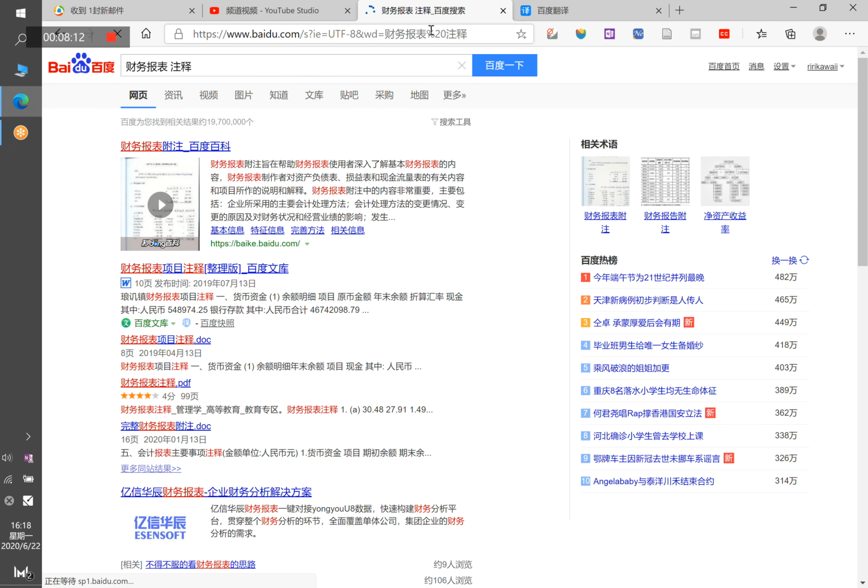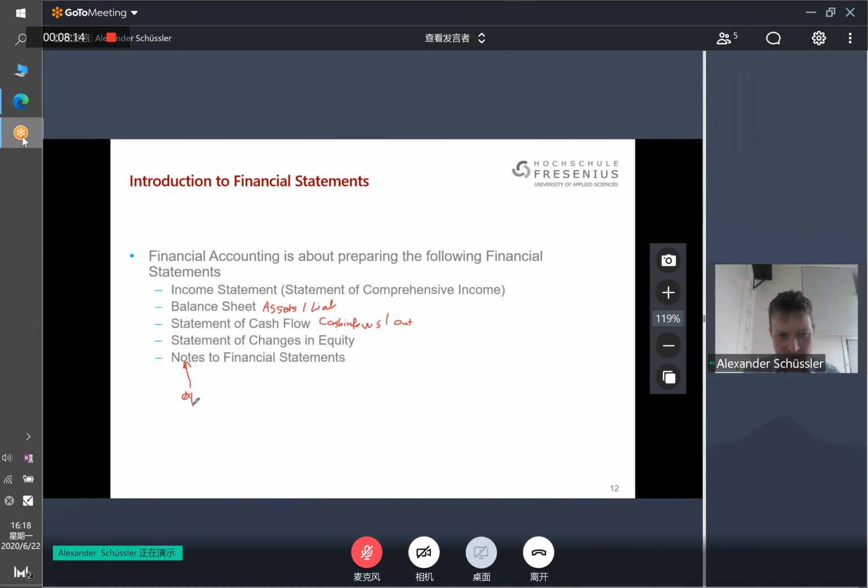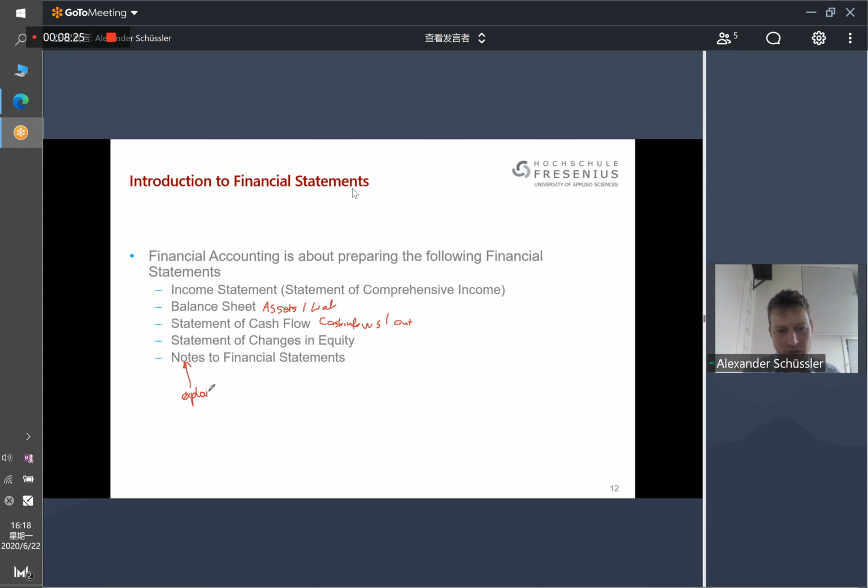The notes are there to explain what is in the financial statements. They explain what is in the income statement, what is shown in the balance sheet, and so on.